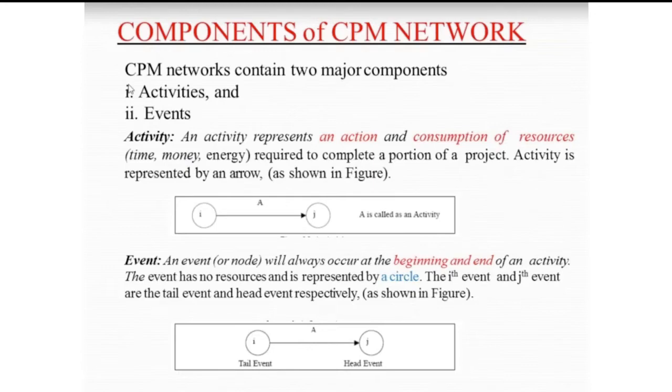And for the event, also called a node, it has a beginning and an end. It is represented by a circle in your rectangular box.